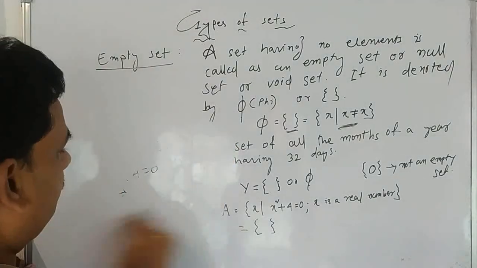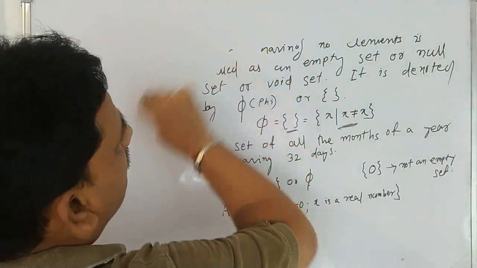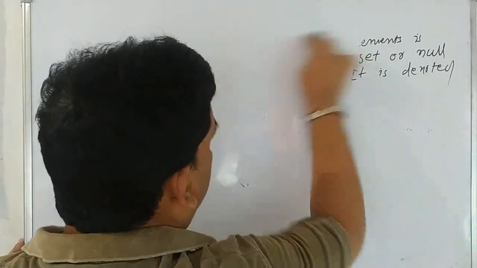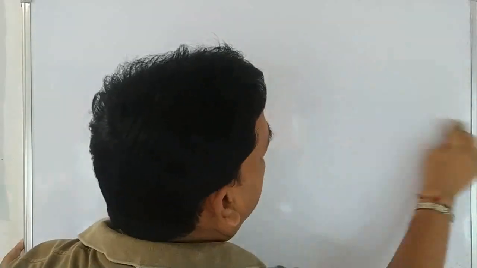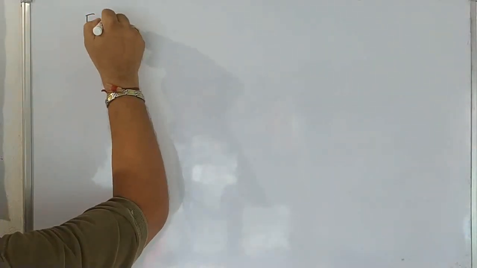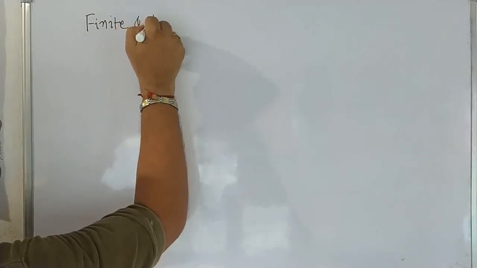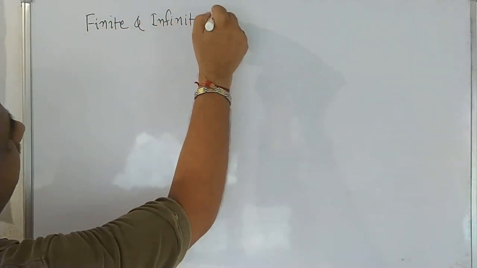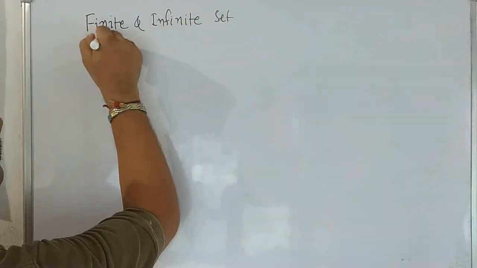Next is finite set and infinite set. Finite and infinite set.